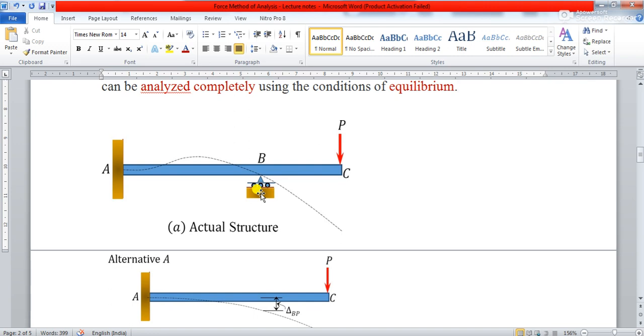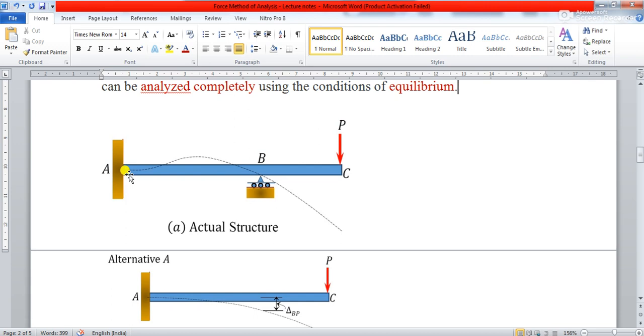So you should perceive this, because in many cases you may get confused. In this actual structure, there is no horizontal component of force acting, there is no horizontal external load acting, right? So there will not be any horizontal reaction coming at this point A, that you must be careful about.